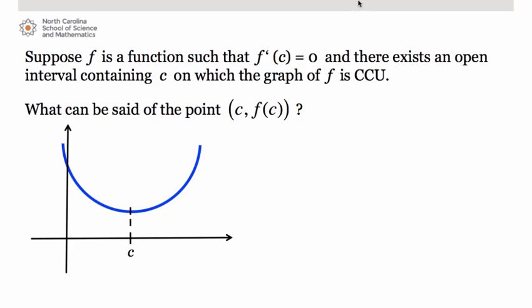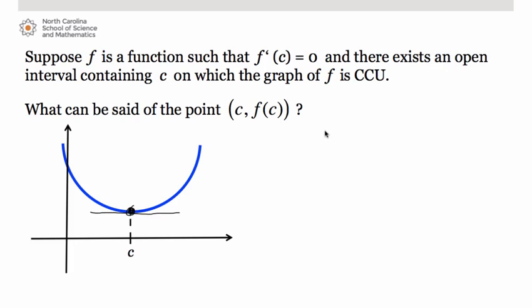Suppose f is a function such that f prime of c equals 0, and there exists an open interval containing c on which the graph of f is concave up. Now since f prime of c equals 0, that tells us we have a horizontal tangent line to the curve at c.